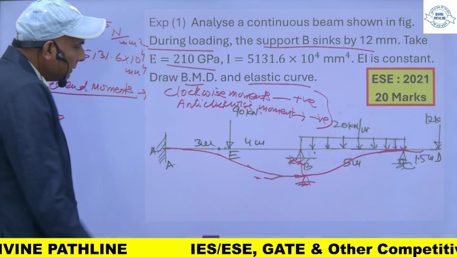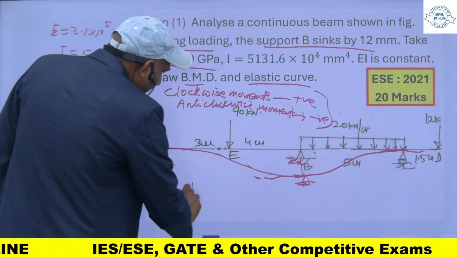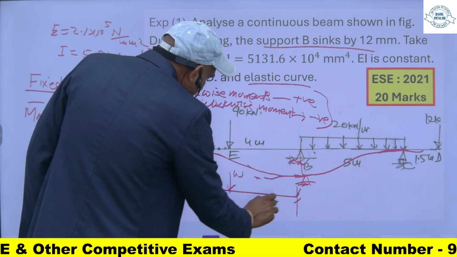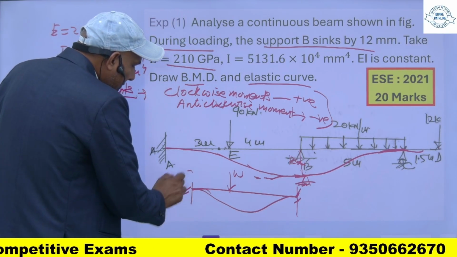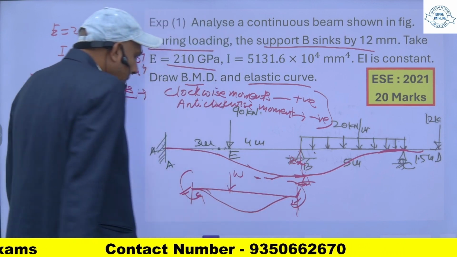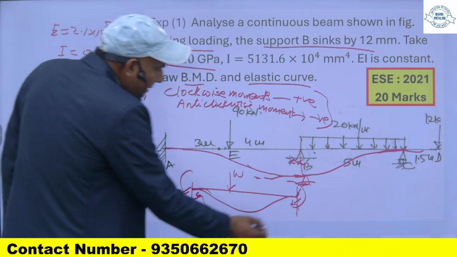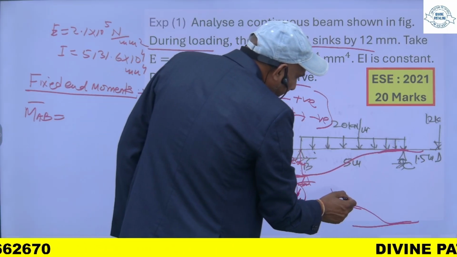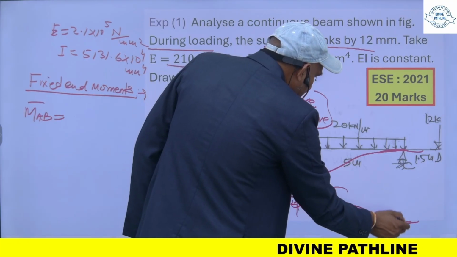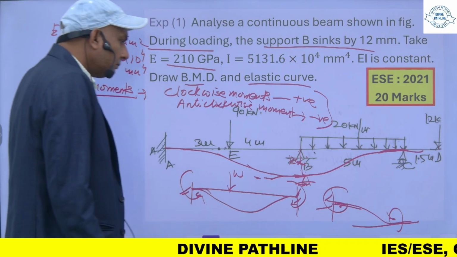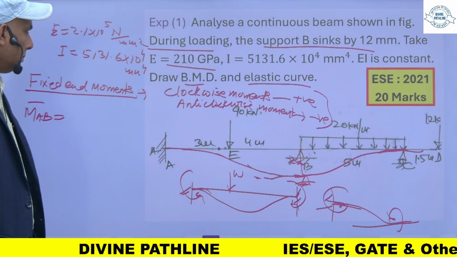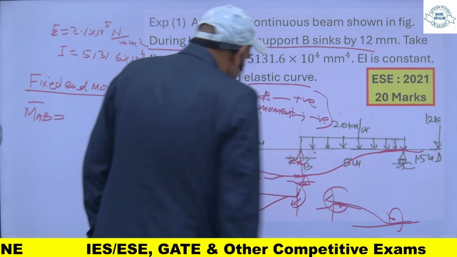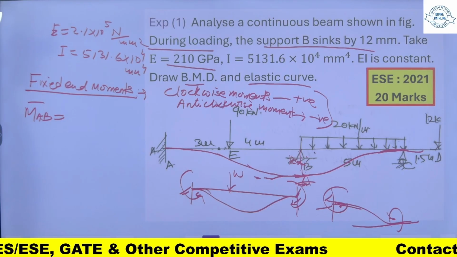If this is a point load, my beam will deflect like this and the moment will be in this direction, and due to sinking, I am talking about this AB portion, the moment will be in a different direction.